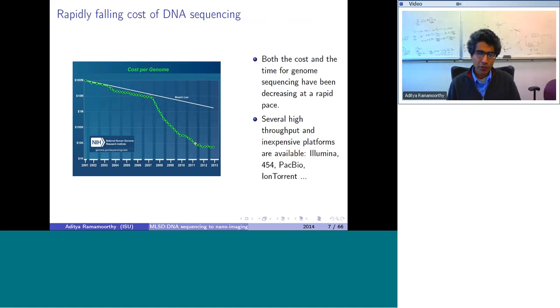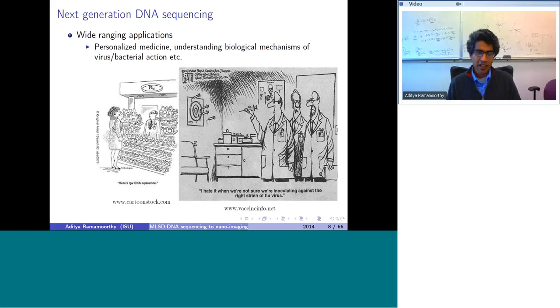This has happened due to a new technology called next-gen sequencing, which is driving a lot of this decrease in cost. It has a wide range of applications, from personalized medicine to understanding bacterial and viral action. The low cost really helps all of this.